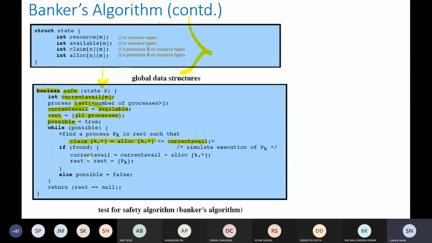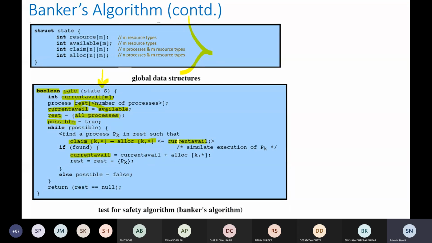Once it is complete, if we find such a case and this condition is true, then current available is incremented with the allocation of k. That means that particular process will release whatever has been allocated to it.